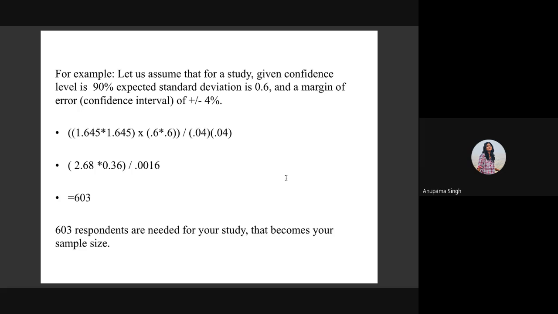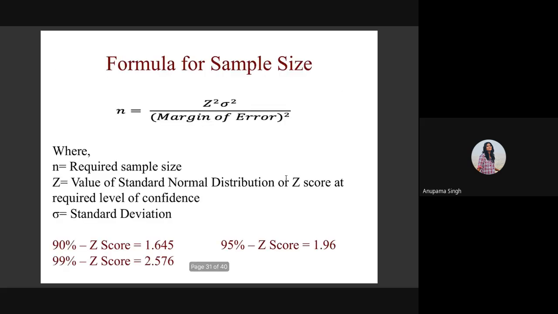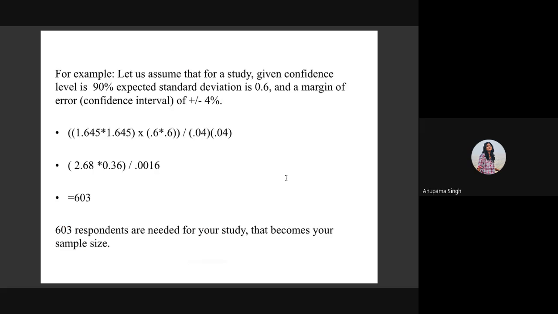Okay. Then we have margin of error, that is plus minus 4%. 4% is again 0.04. Okay. So what you do is you calculate the Z value at 90%, which was 1.645. Okay. So we are taking 1.645.